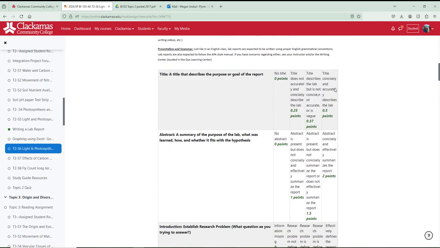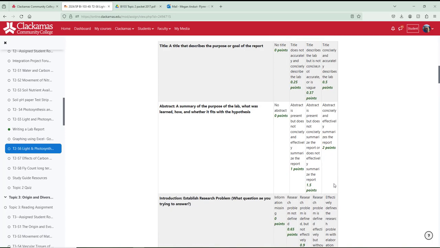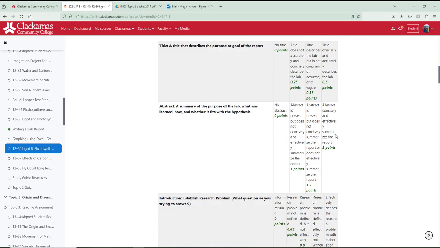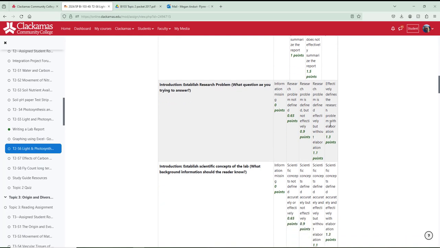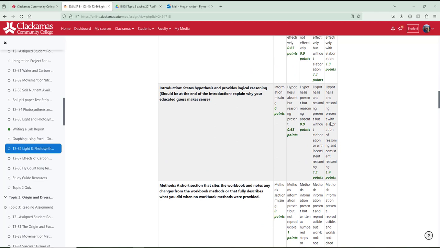Make sure that you get check marks in all of the categories on the right-hand side. Do you think your title consistently and accurately describes the lab? Do you think your abstract consistently and effectively summarizes? Did you effectively define the research problem with elaboration? Did your hypothesis and reasoning present with elaboration and reasoning and consistent?